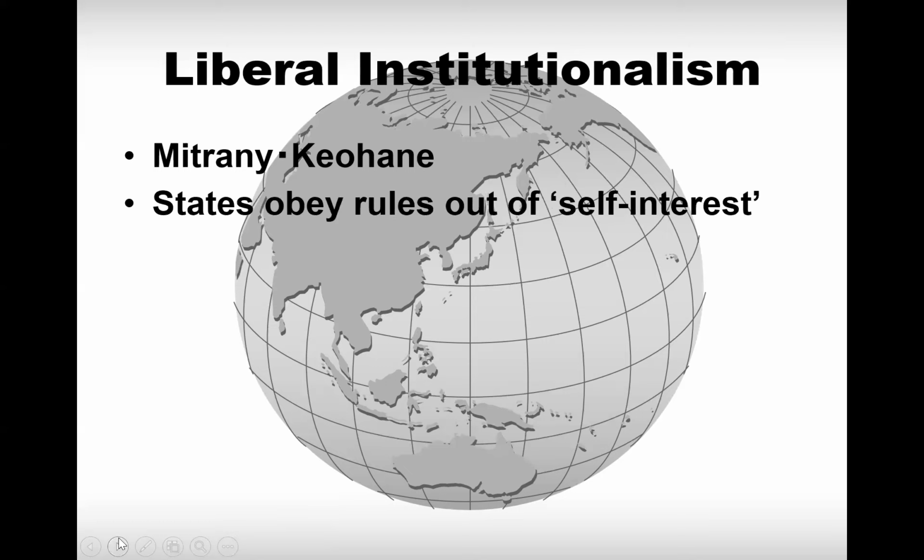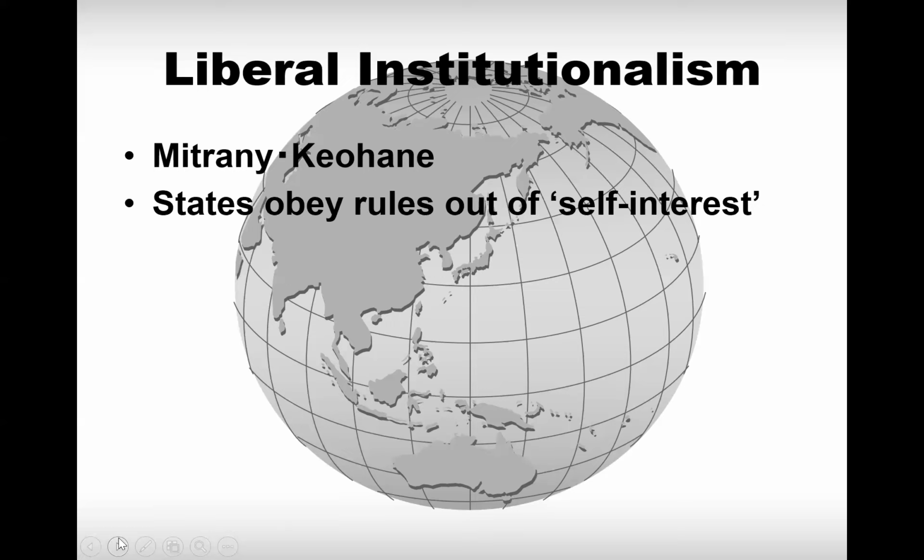Now, the basic argument of liberal institutionalism is that institutions are important, and institutions help states mitigate the security dilemma. So the security dilemma is that if we look at realists, states cannot trust other states.